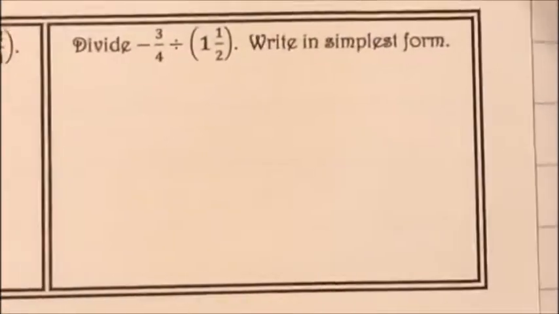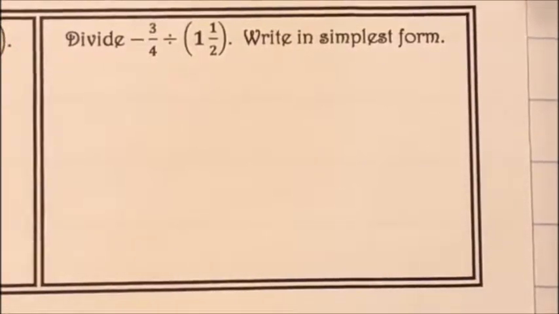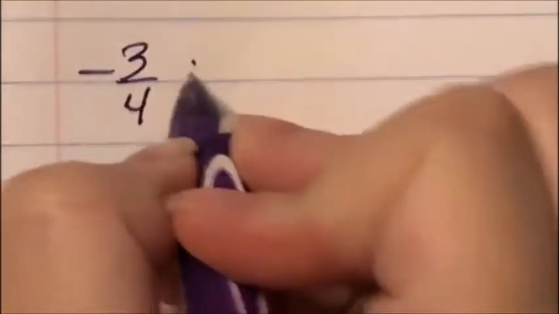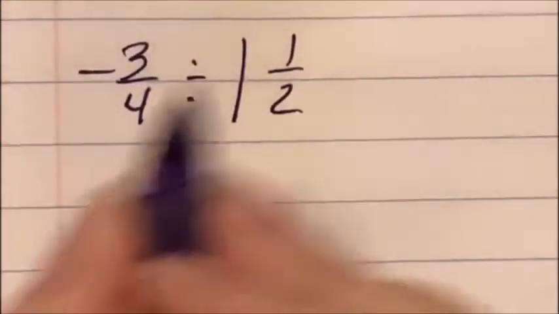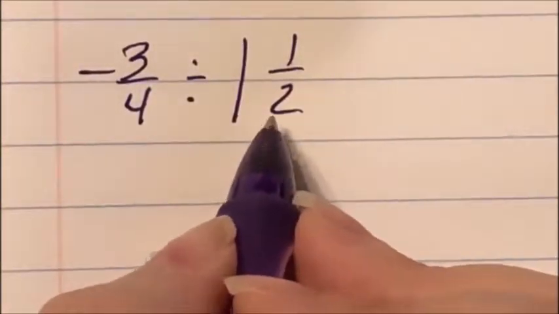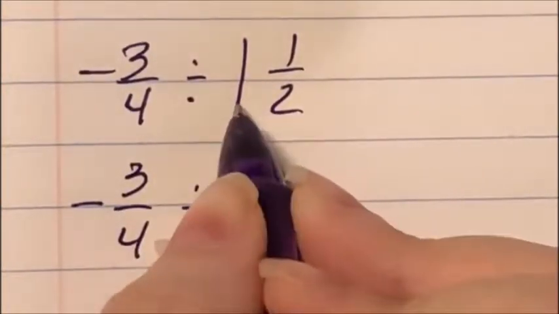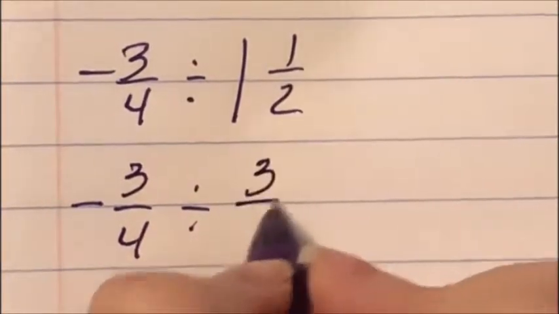The second try-it problem says divide -3/4 divided by 1 1/2. Write in simplest form. I'm going to change 1 1/2 from a mixed number to an improper fraction. 2 times 1 is 2, plus 1 is 3. Now I'm going to keep, change, flip.